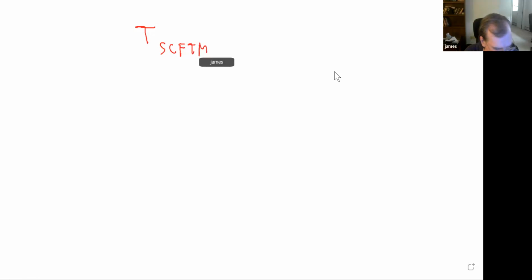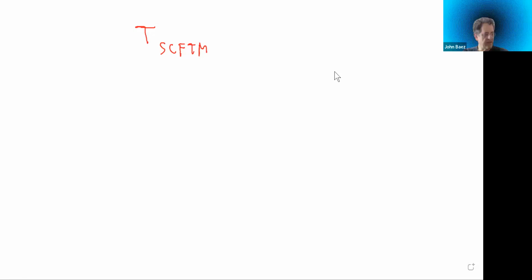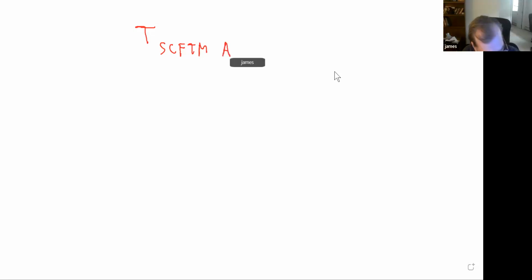TM is the abbreviation for tensor monoid. Do we have a favorite letter to use for a Frobenius algebra? Should we call it F or A or something like that? Maybe A, so it's not a field. So that theory is supposed to have an interpretation into another theory, which is the theory of an n-bang torsor.